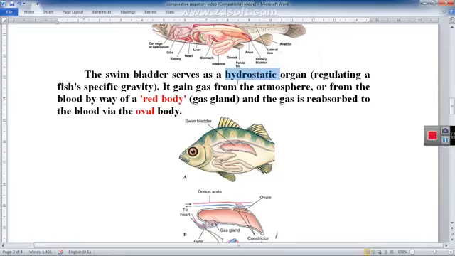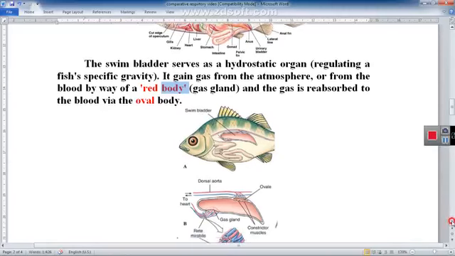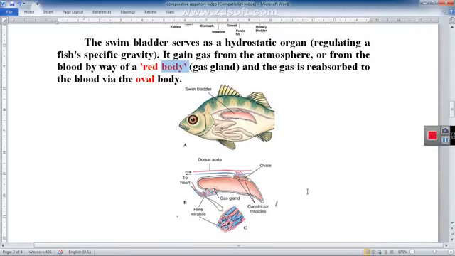And the gas in the swim bladder could come from the atmosphere if the fish have access to the atmosphere, or what is usual is that the gas in the swim bladder is derived from the blood in an organ adjacent to the swim bladder, which is called the red gland or red body.